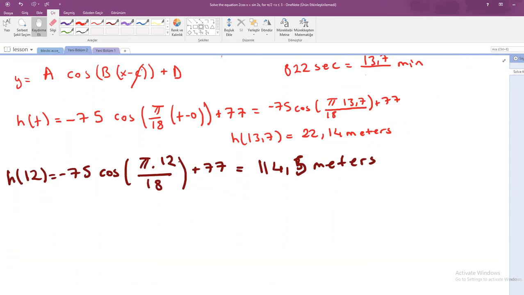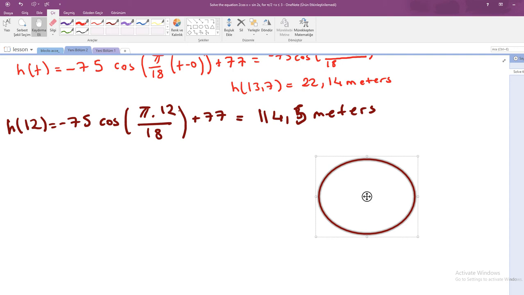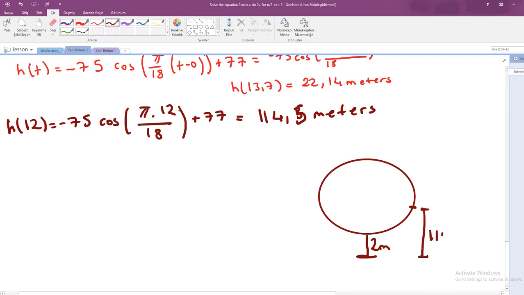Let's draw our question here. Just small like this. It's 2 meters from here. So we found a point around, I guess, here. It is 114.5 meters, right? And this right here is the center.